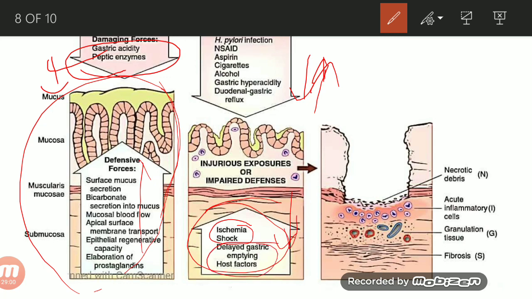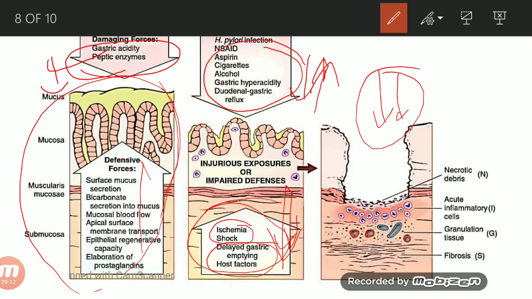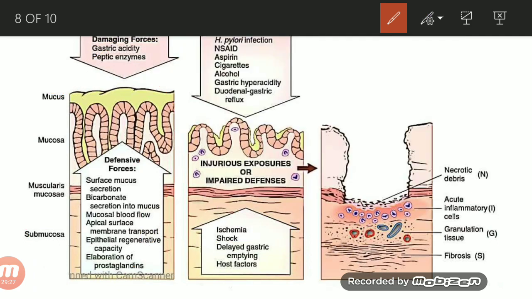Since there is a decrease in protective factors, your aggressive factors can easily damage your gastric mucosal cells. Since there is damage, you get ulceration in the mucosa of your GI tract.